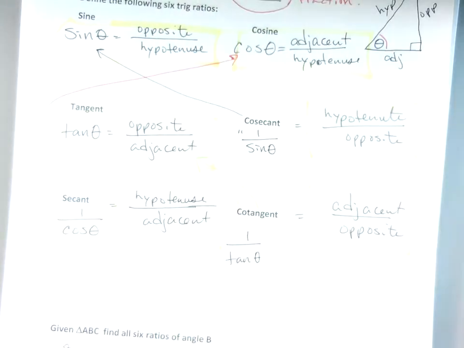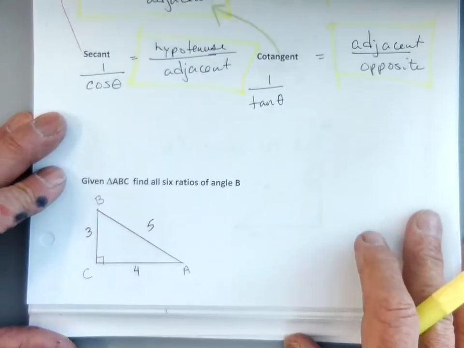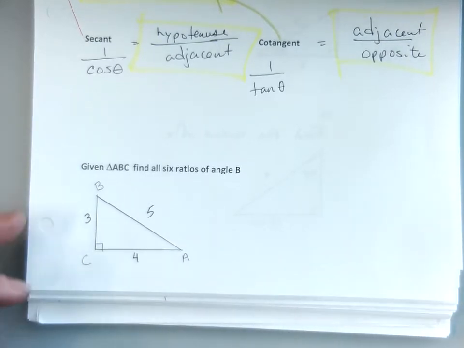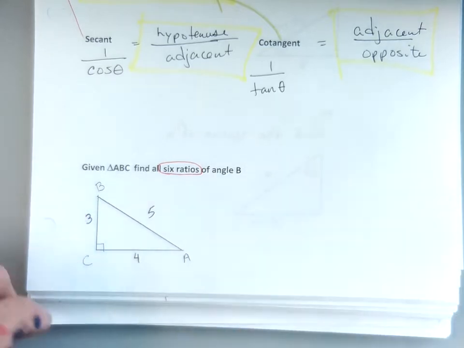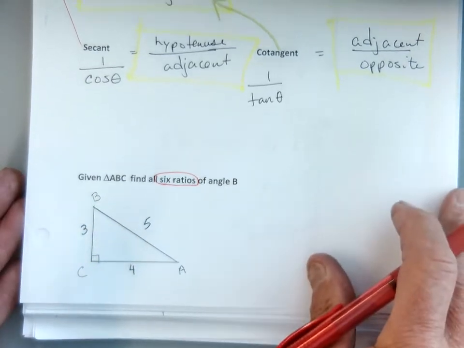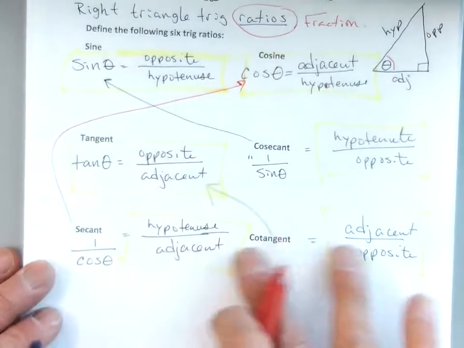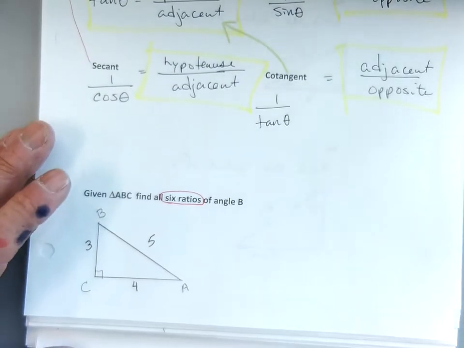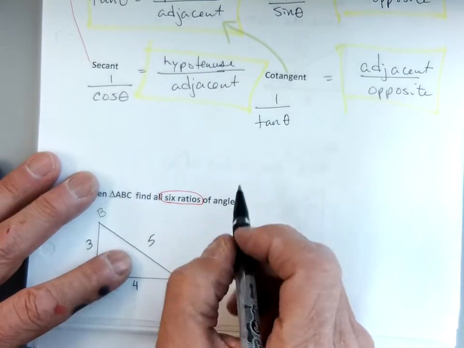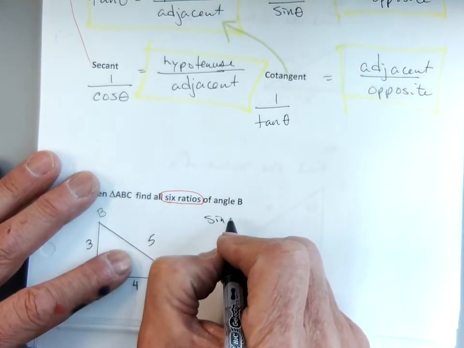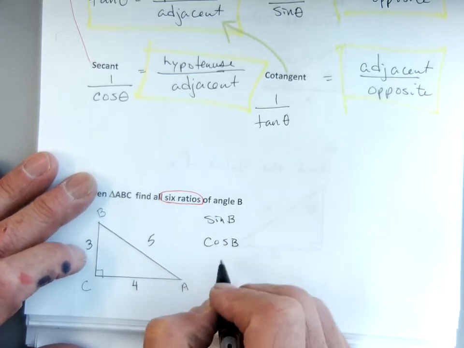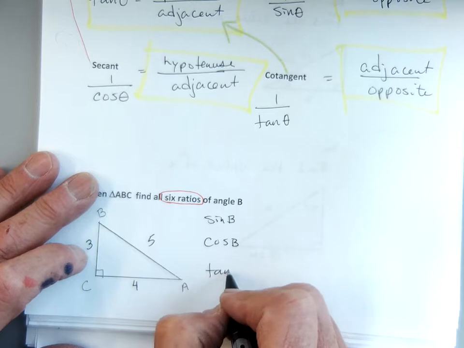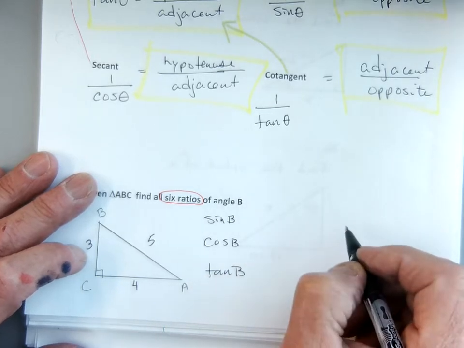Now, let's take a look at our first example. It says, find all 6 ratios. Well, all 6 would be all of these. So we're going to have to find the sine of B, the cosine of B, and the tangent of B, because we're doing all 6.